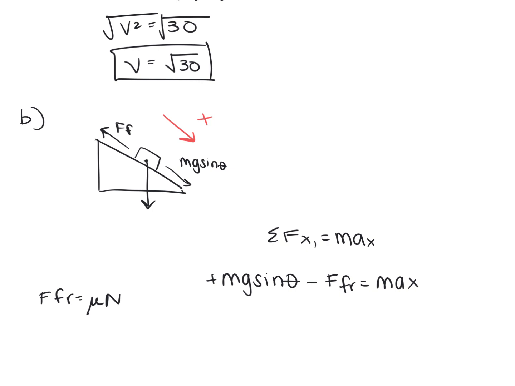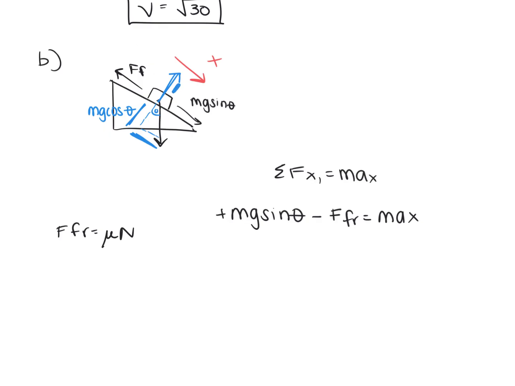Now the force of friction is mu times the normal. And the normal can be represented with this line. So if mg sine of theta represents this line, that would mean that this line could be represented as mg cosine theta.